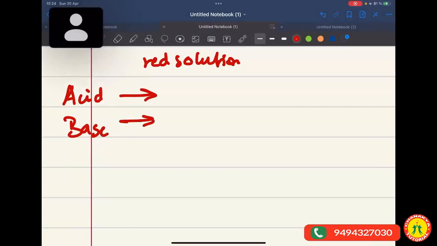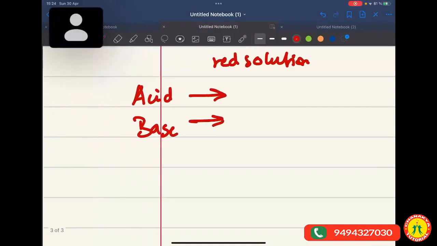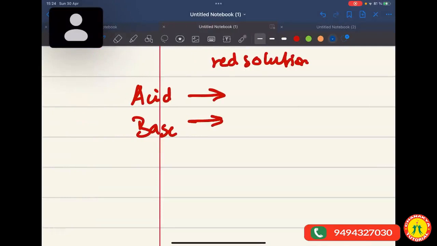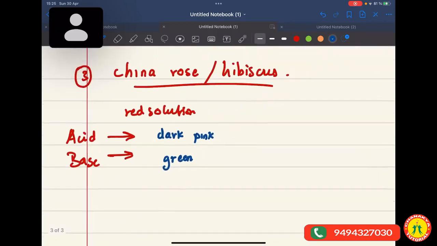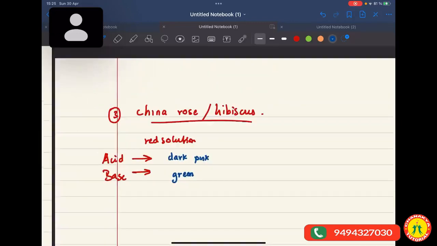Fine. So actually the changes are: acid solution turns into dark pink, and basic solution turns into green. So you'll have to learn what indicator changes acid solution to what color and basic solution to what color. All right, so you got to do that. Just make note of this and we'll go to the next part.